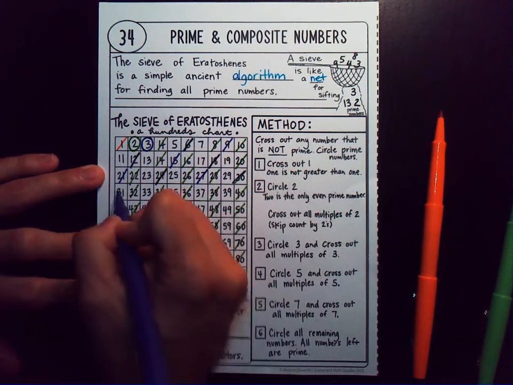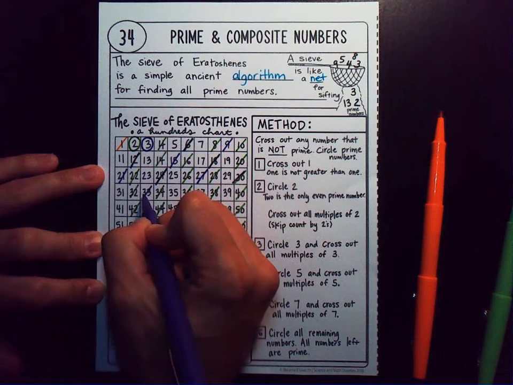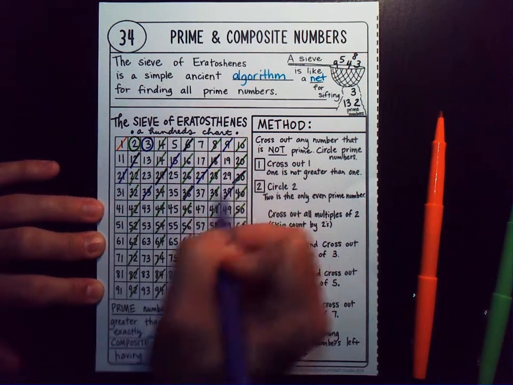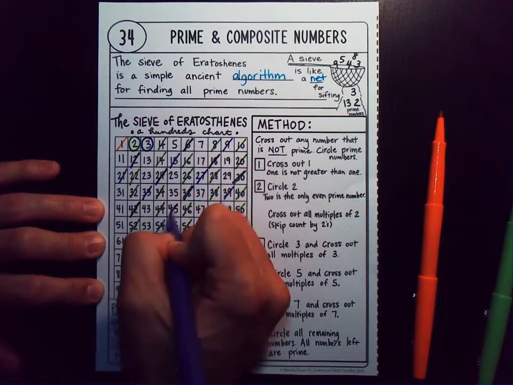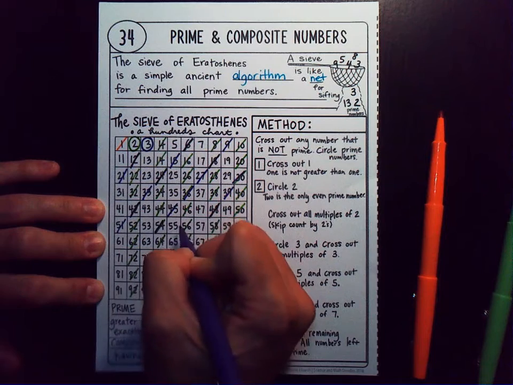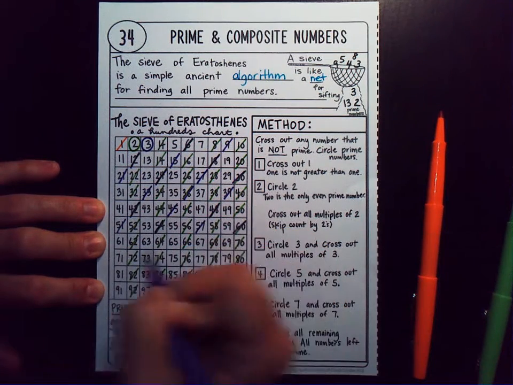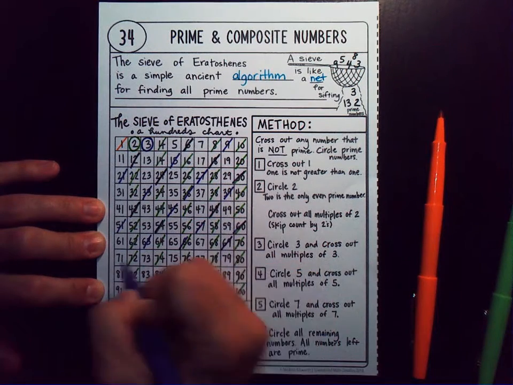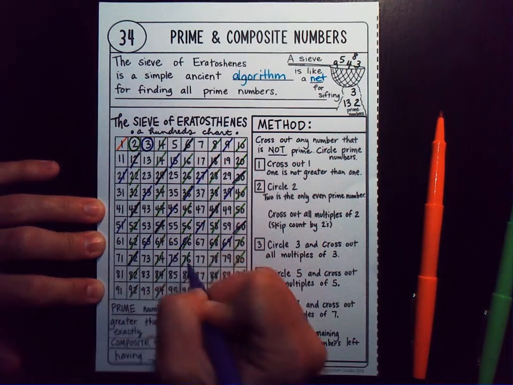And notice I'm crossing off some of these same numbers that I crossed off before with my 2s.